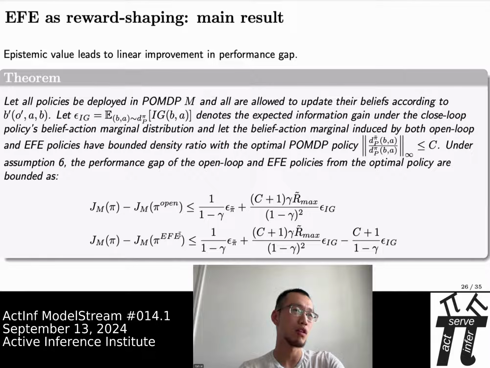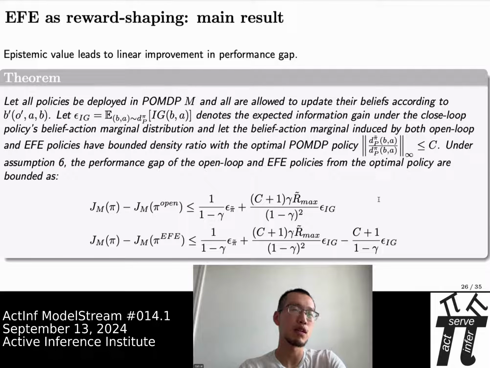We see here that for both the open loop and EFE policies, we have a term that's linear in the policy error and quadratic in the information gain. But the difference is that the EFE policy has an additional term, which is a minus something that is linear in the information gain.